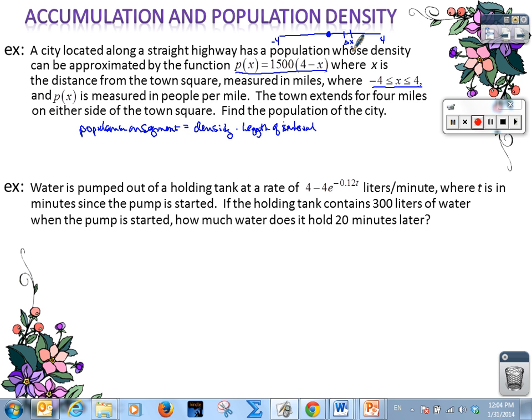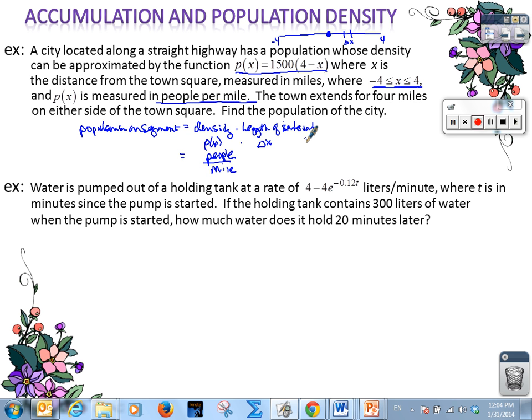So the density is going to be our p of x, where x is the distance from town, measured in miles. P of x is measured in people per mile, times the length, which is delta x.